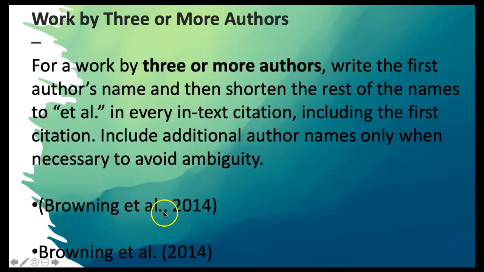And then there goes a period after "al." Put a period, put a comma, and then the year of publication. You're going to do the same here. If you're doing a narrative citation, then you will put the name of the author, et al., no comma, and then you will put the year in parentheses. So this is simple. The 7th edition has made things very simple for you.